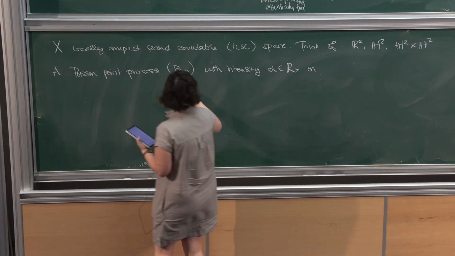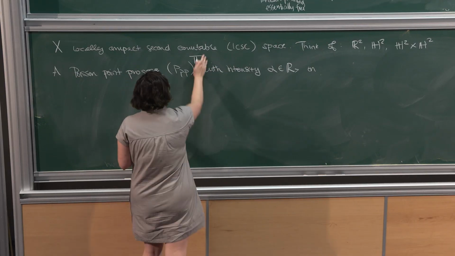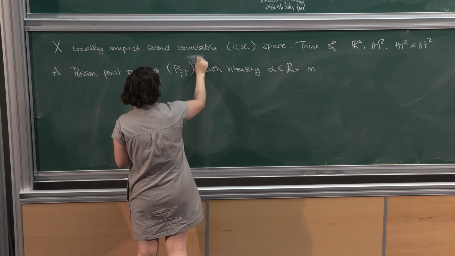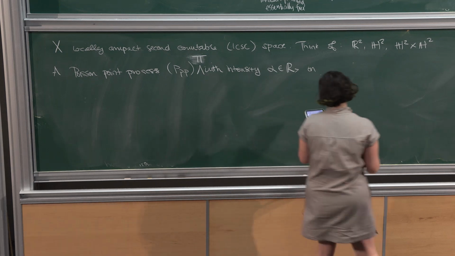We'll call this Poisson point process pi.